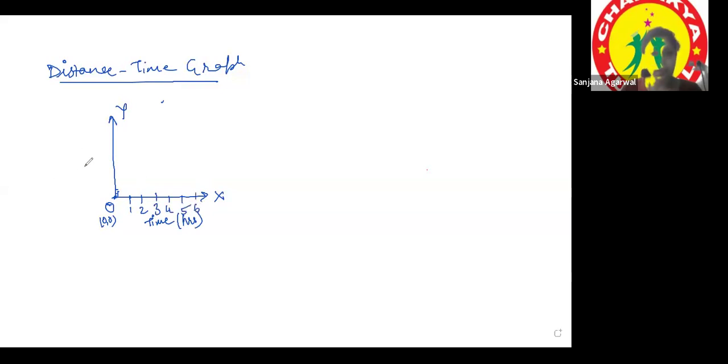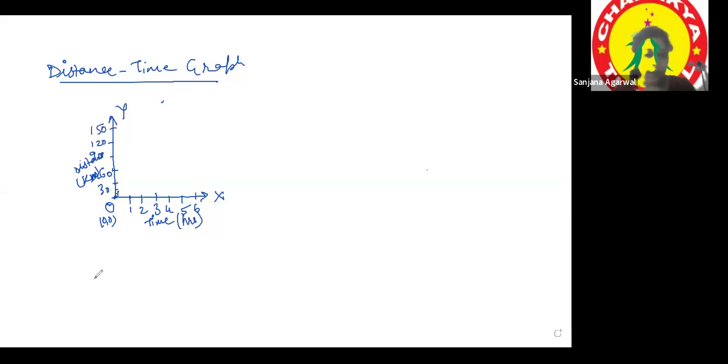And here I'm trying to denote the distance in kilometers. So the distance covered in kilometers is, say, 30 kilometers, 60, 90, 120, 150.